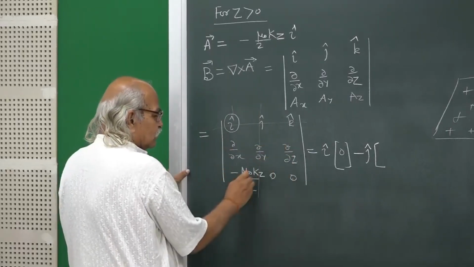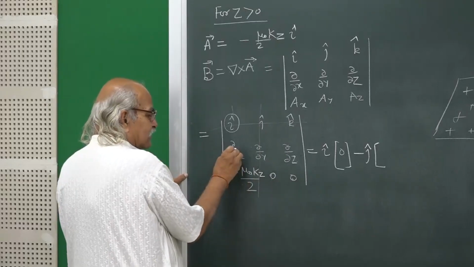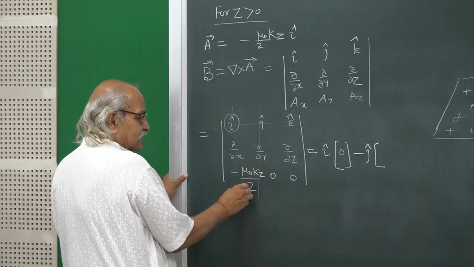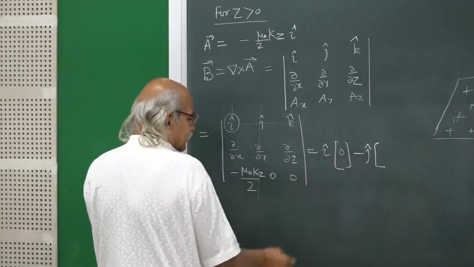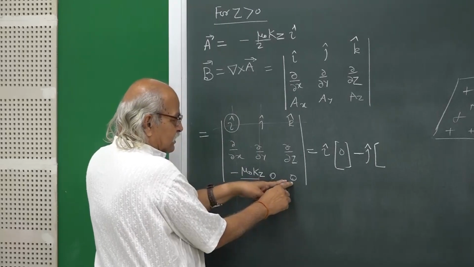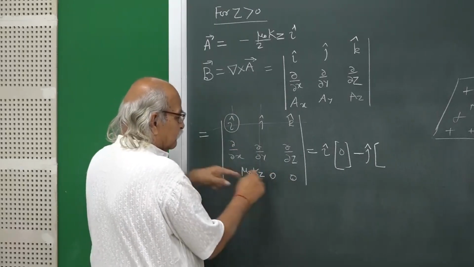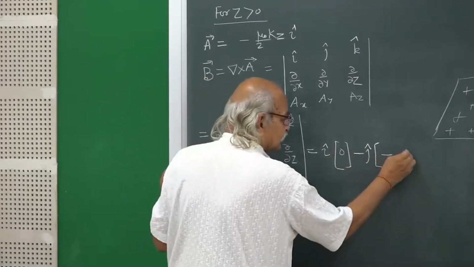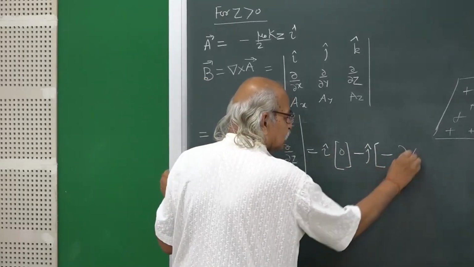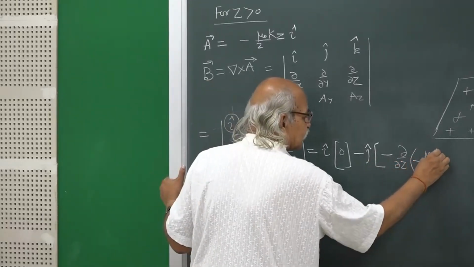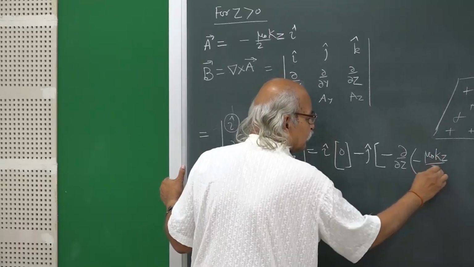So, del x of 0 is 0 and then minus del z of minus mu naught k z by 2.